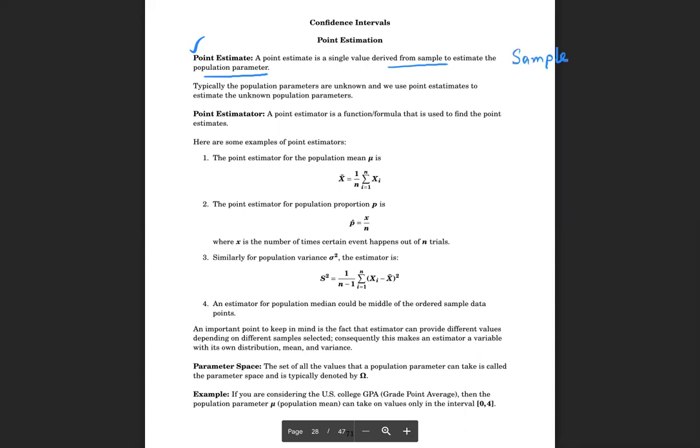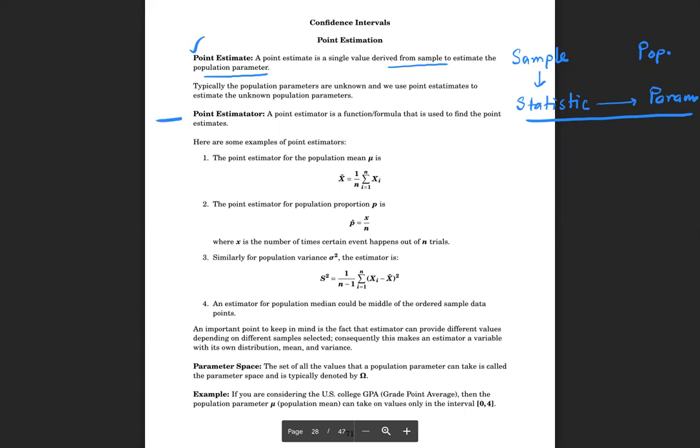A sample characteristic is called a statistic, and from there you go to the population characteristic, which is called a parameter. From statistic, you try to make conclusions about the parameter.